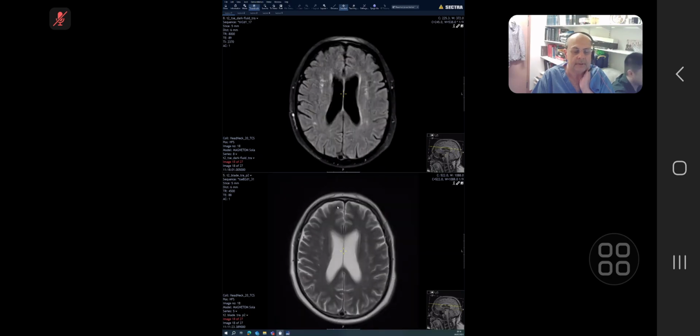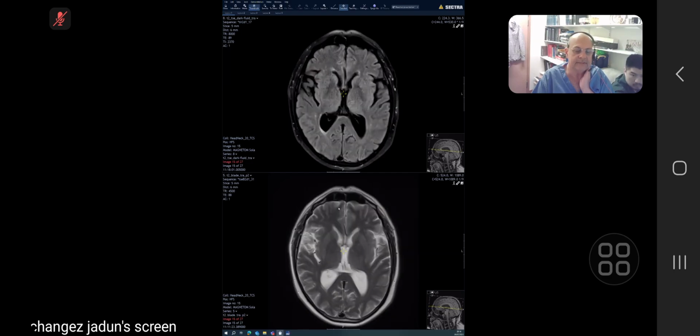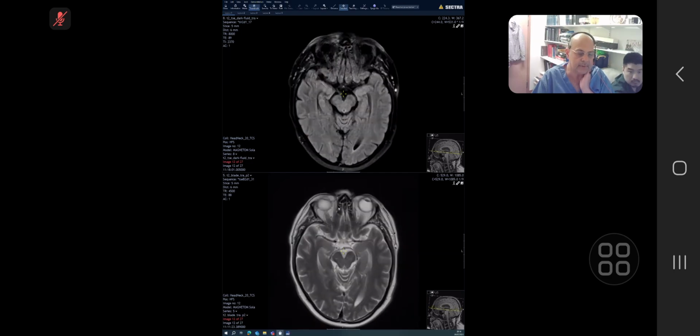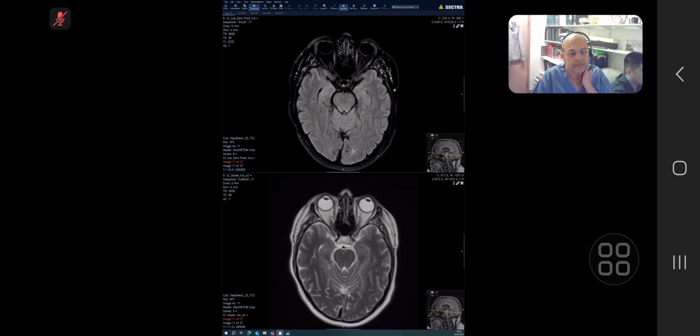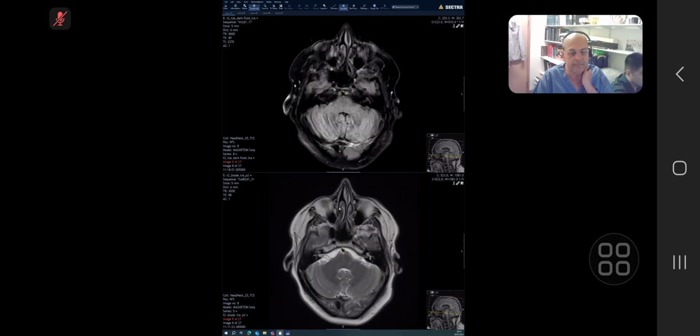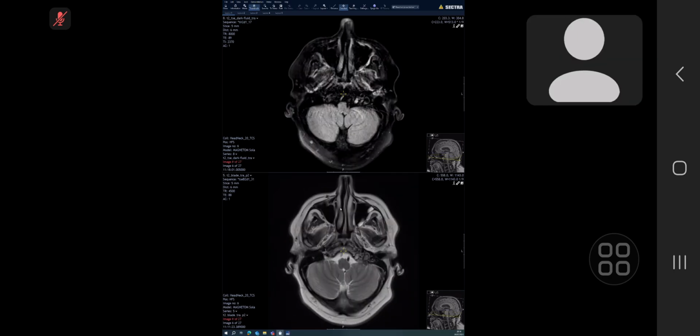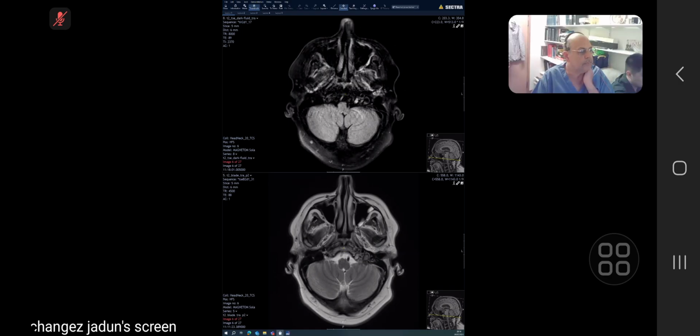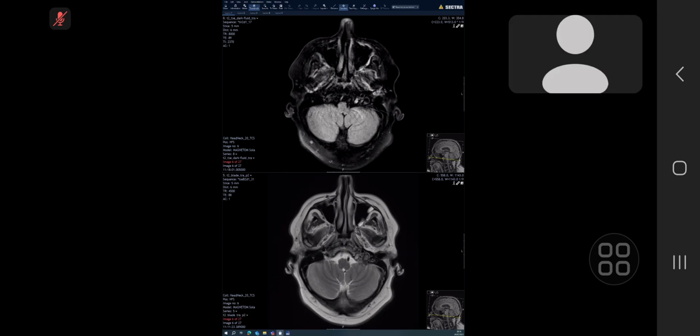And in a stroke type situation, she thinks all the vessels are unremarkable. Am I correct? Have I summed you up appropriately? Yes. So what sequence are you interested in now? DWI.